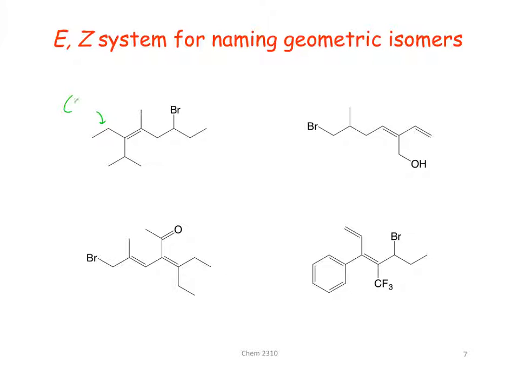We have one carbon and two hydrogens. For this position, we have two carbons and one hydrogen. If we compare these, the first one is carbon and carbon, and then we have carbon and hydrogen right here. So this side is high, and this side is low.